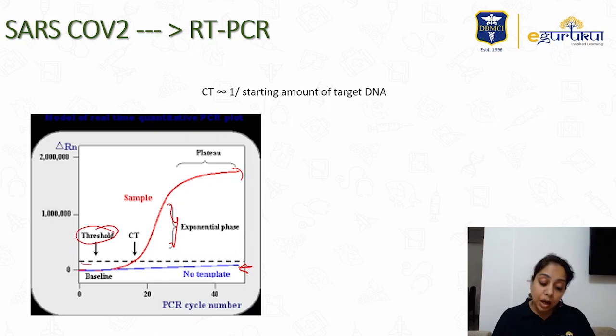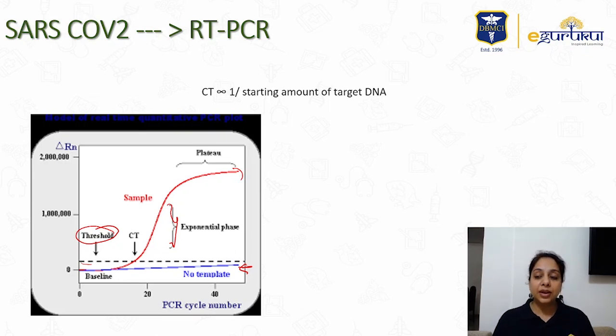The threshold value is above the baseline, but well below where you see lots of background noise, because too much of the cycle has been run and there is too much of the sample in the small Eppendorf tube. So the CT value is fixed, and for the SARS-CoV-2 virus it is 35. Anybody who has a value less than 35 is positive and above 35 is negative.